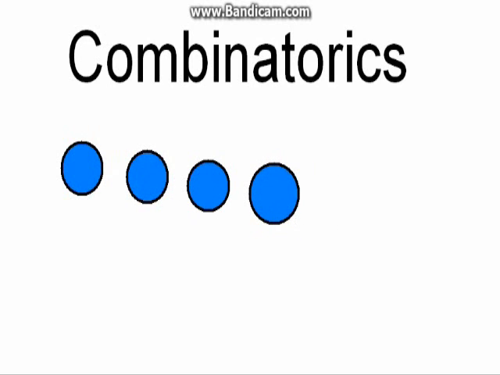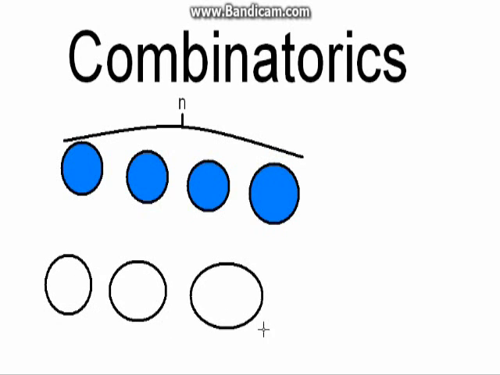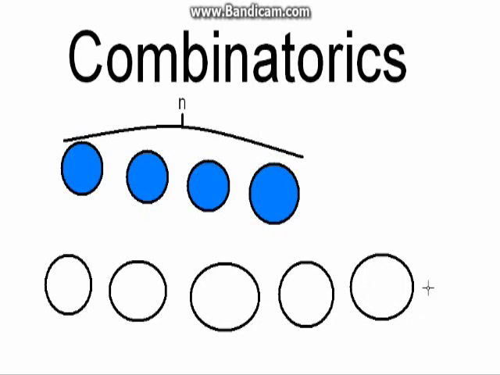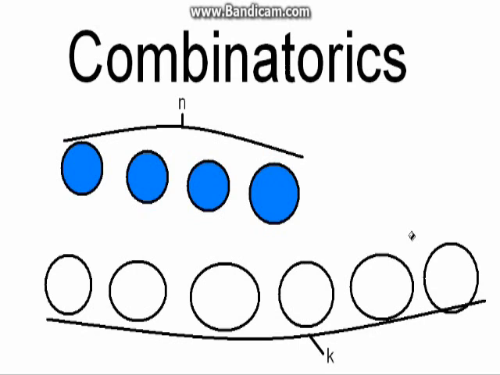Now we want to place them in a set of spaces, and we'll define the number of spaces as k. So we've got n objects that we're trying to put into k different holes, and we want to know how many different ways we can do so.